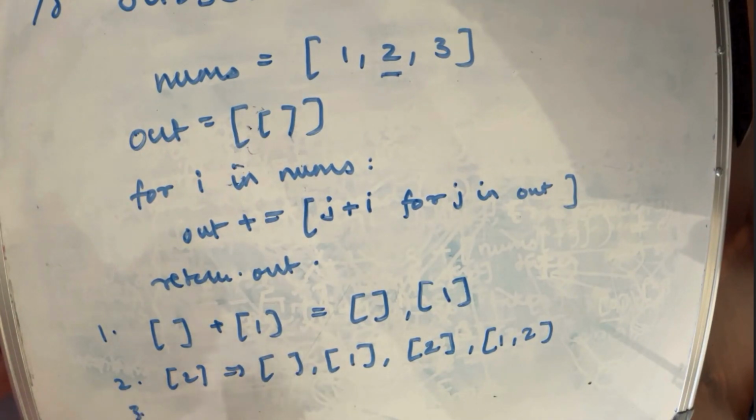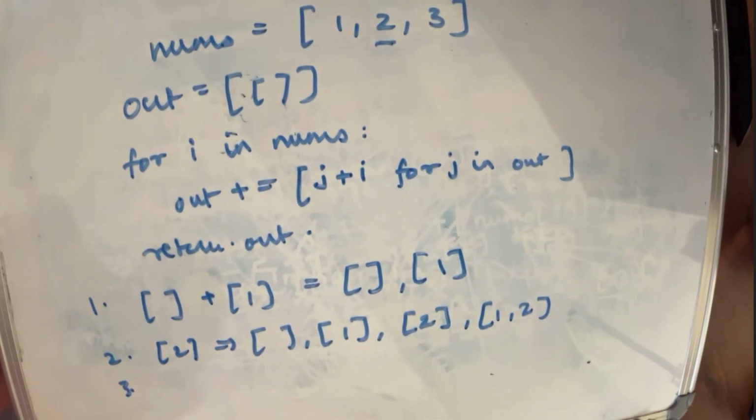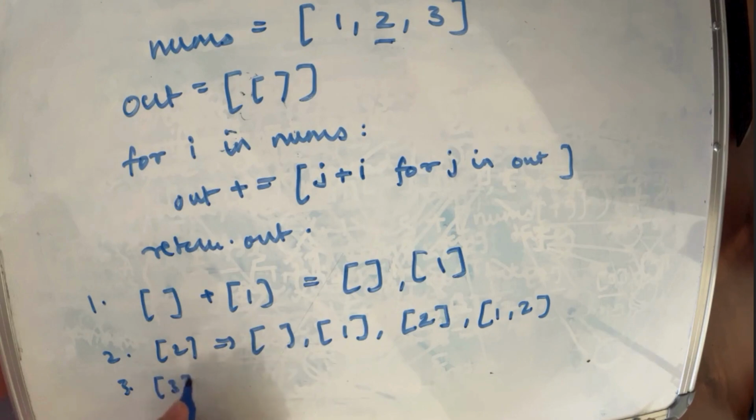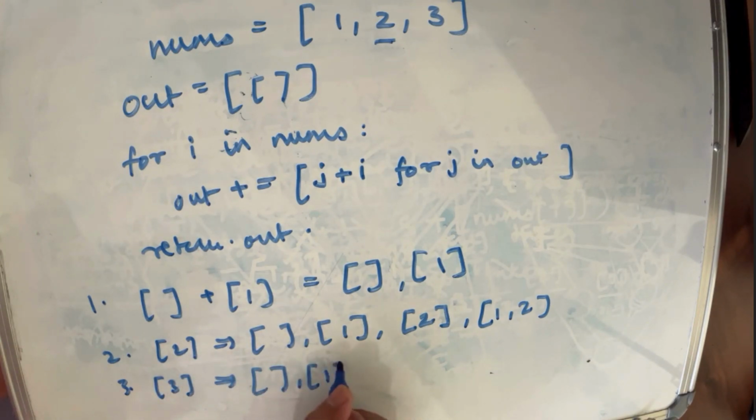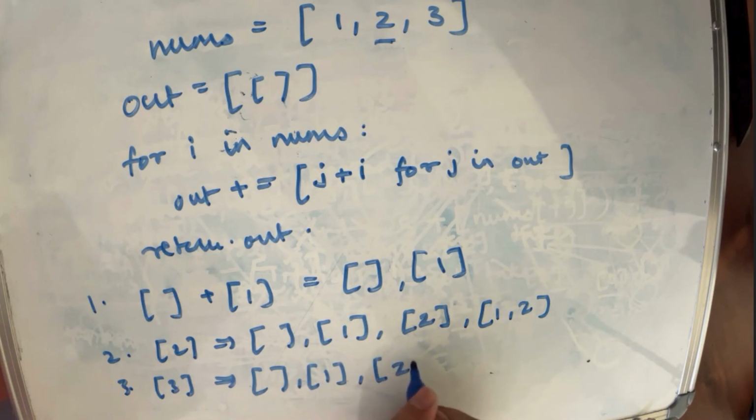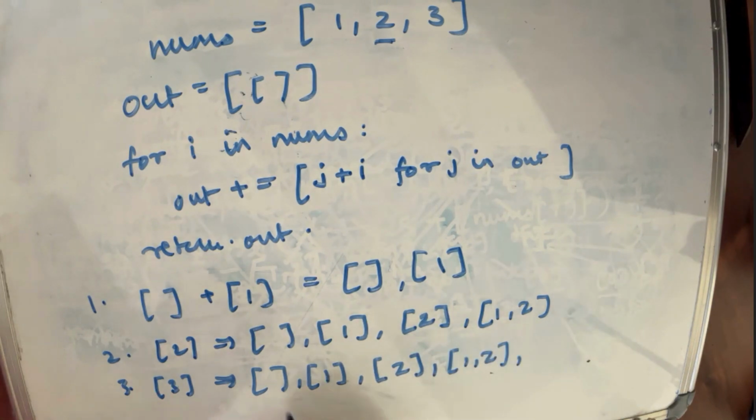Now for the third step, for element 3, we will have the empty set, 1, 2, 1 comma 2, and then to each of them we add 3.